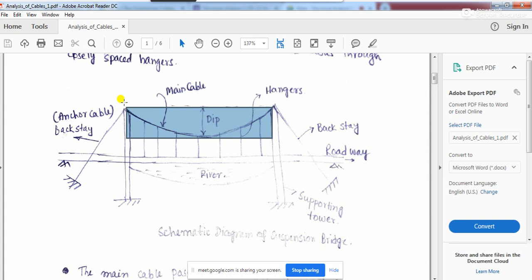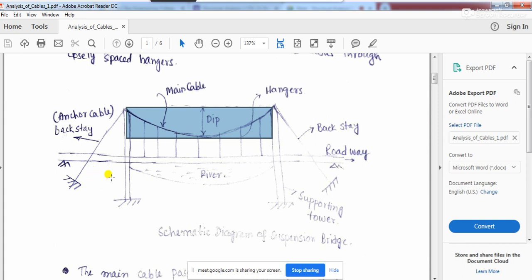Now there may be cases where you may get valleys, where one side is too low and the other side is too high. In that case you may expect a deck where one side of the support will be at a lower level than the other side.